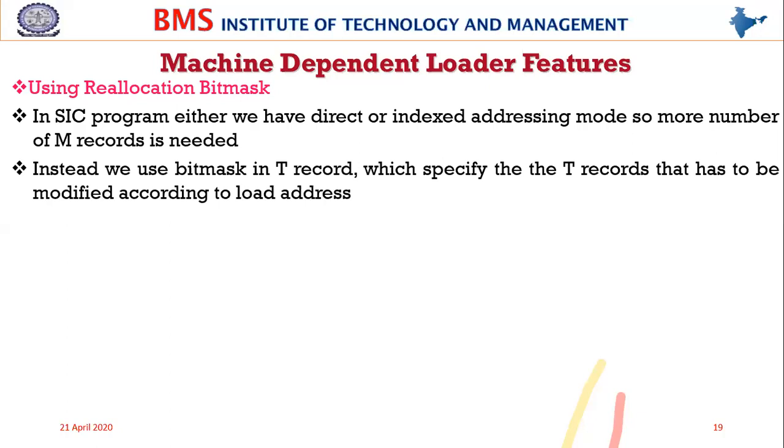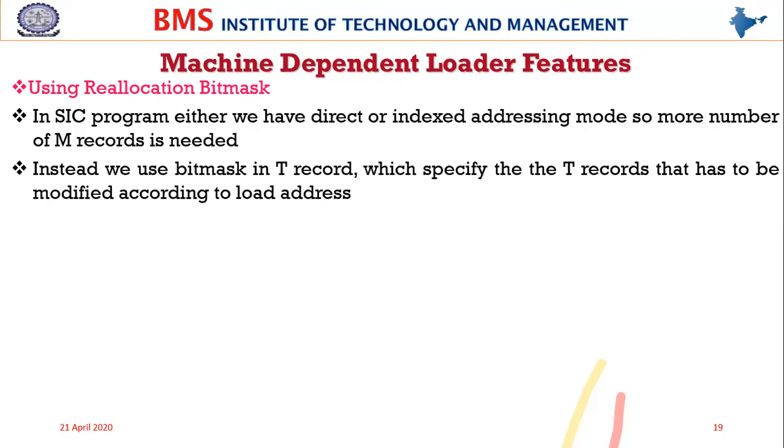modified. So what we do is, instead of using modification records, we use something called a bit mask, not as an additional thing, but the bit mask in the text record itself, because after assembling, the object code will be written into the object code file format, which contains the header record, text record and end record.